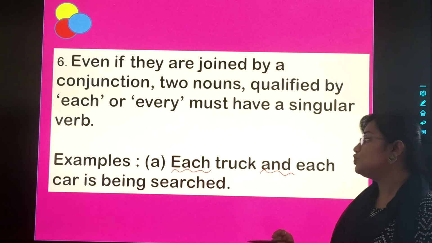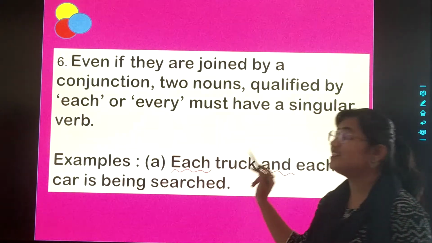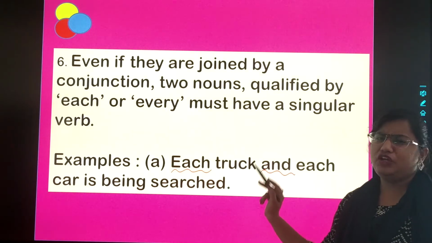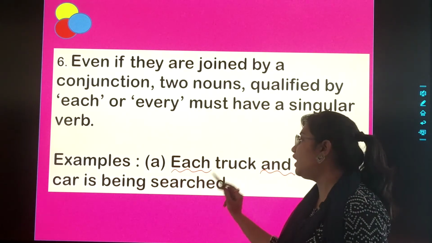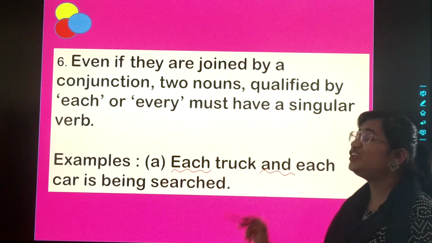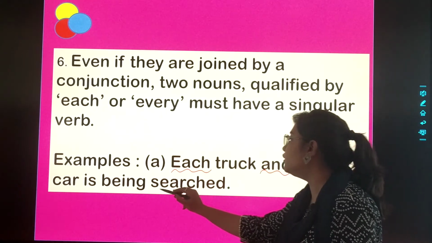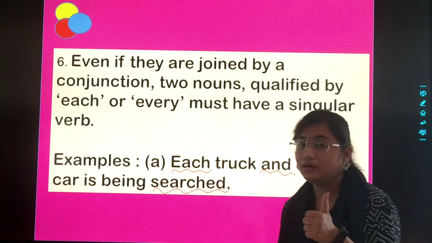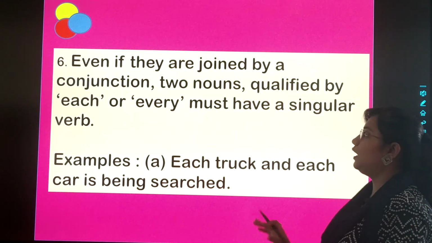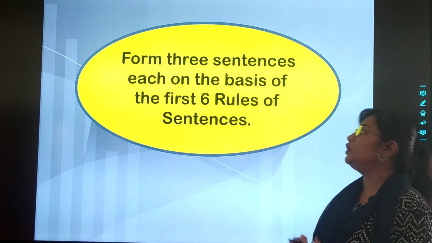Is it clear? We don't have a plural for searched, so we are using a singular verb. The singular verb over here is searched. Is it clear? Good.